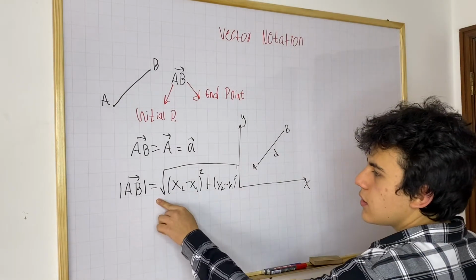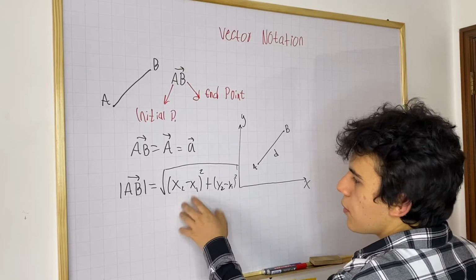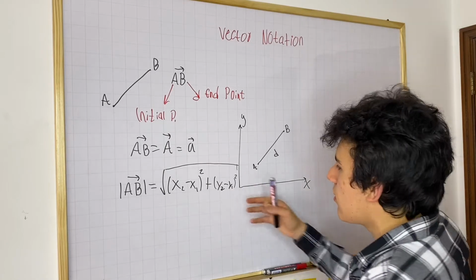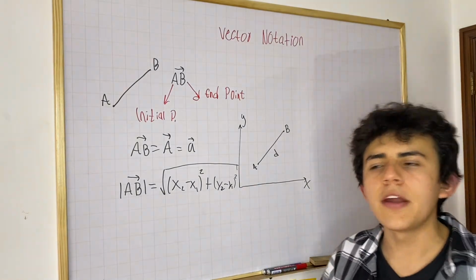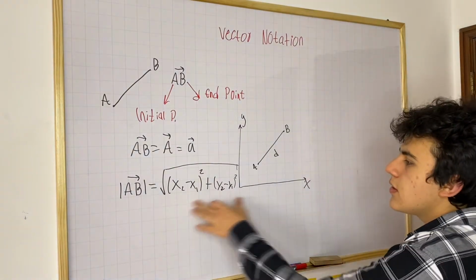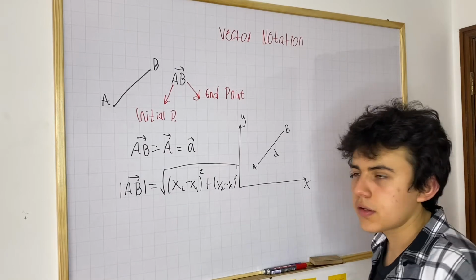So the magnitude of a vector is the difference in the x coordinates squared added to the difference in the y coordinates squared, and then taking the square root of all of that. This is the equation that you need to know for finding the magnitude of a vector.